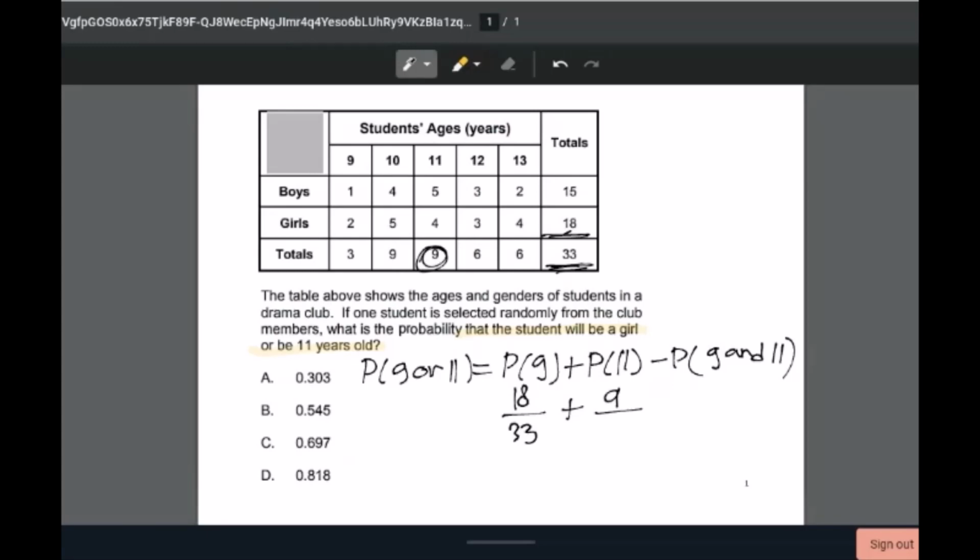So it's 9/33, the total number of students, minus the probability of the student randomly selected being a girl and being 11 years old, which will be, the total number of students is 33. So 33, 23, and 4.